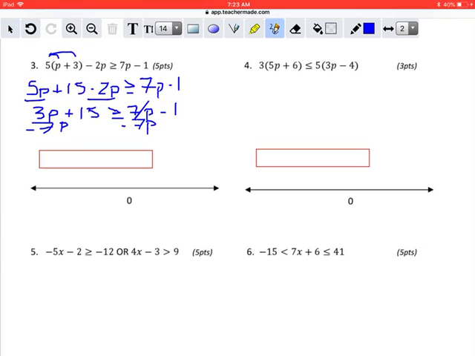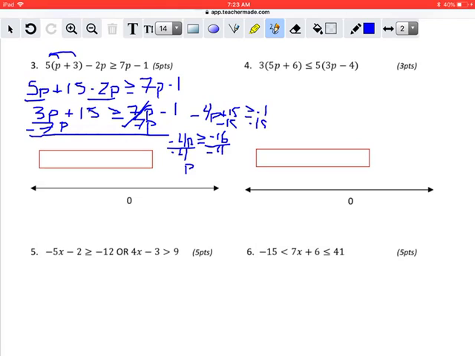All right, and so what we end up with is negative 4p plus 15 greater than or equal to negative 1. Then I subtract 15 from both sides. I get negative 4p greater than or equal to negative 16. And so I divide by negative 4, which means I need to flip it.